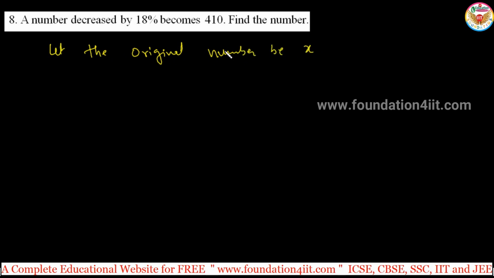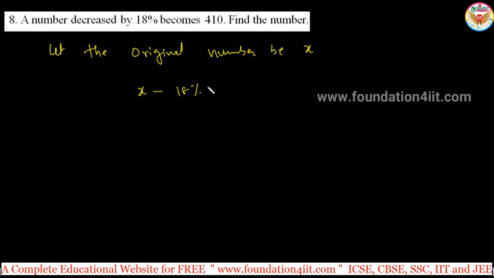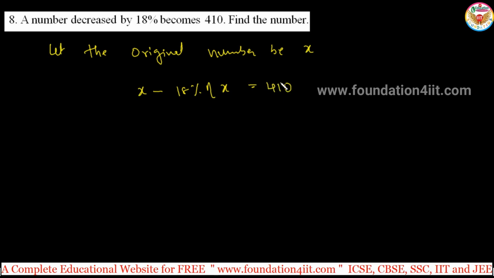Then the number is decreased by 18%. So the original number is x, right? x minus 18% of x, because the number is x. If we decrease by 18%, x minus 18% of x is equal to 410.